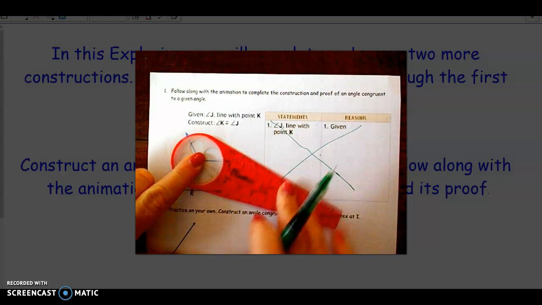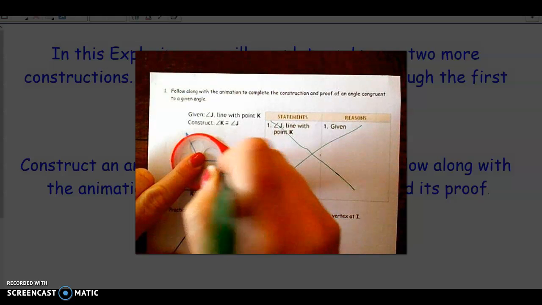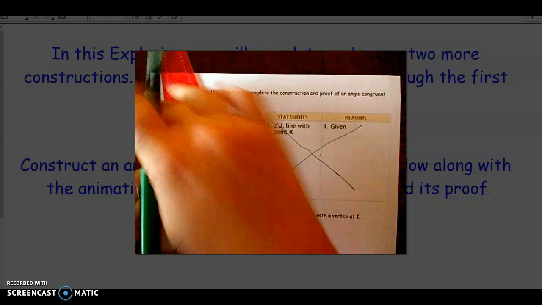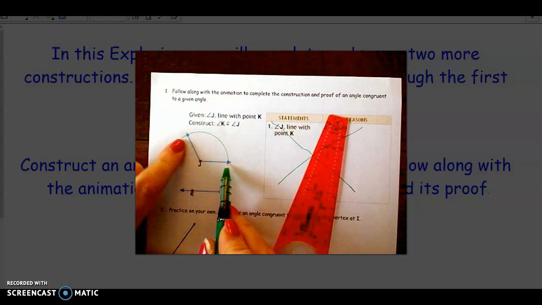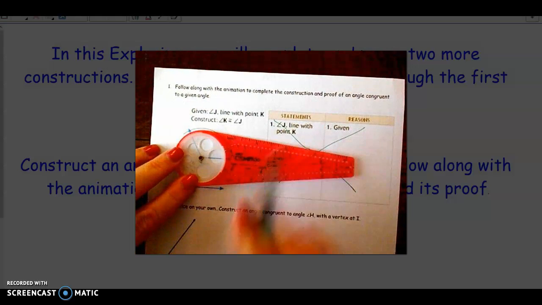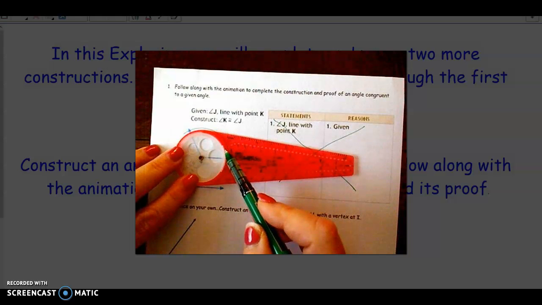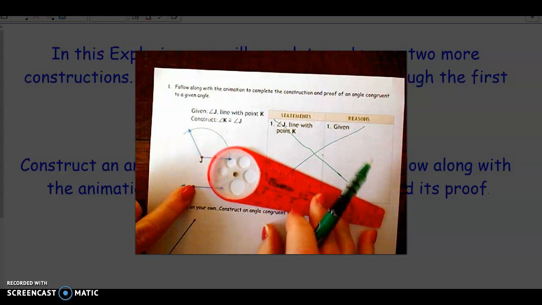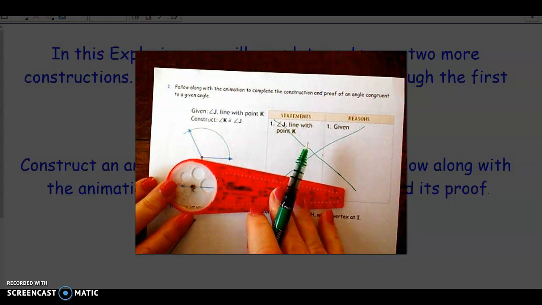I just want to draw an arc that goes through both sides of that angle. I'm just going to choose that second hole on the top, and I have gone through both sides of my angle. You have to remember what setting you used there, because I'm going to use that same exact setting down here at point K.